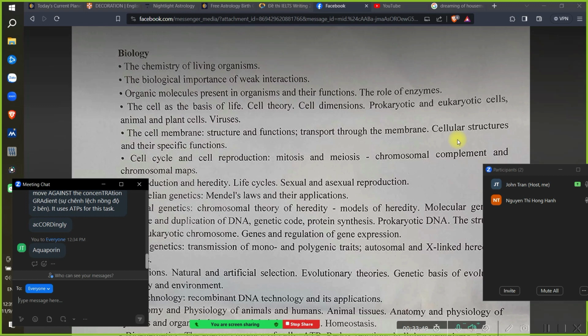While the smooth ER has no ribosomes, which means it does not contribute to producing proteins, it produces lipids, cholesterol, and hormones. It also helps in detoxification.